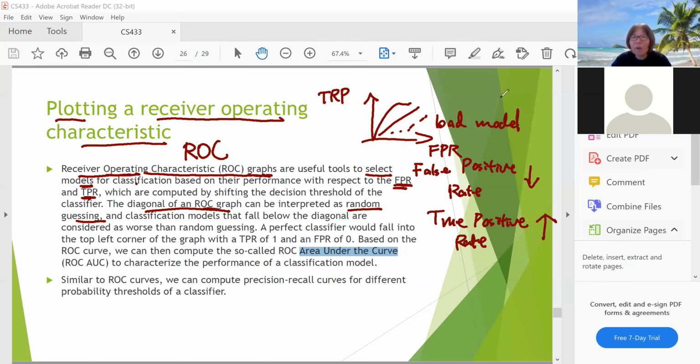So the best scenario is something like this. Suppose this is 1, and here is 1, this is 0.